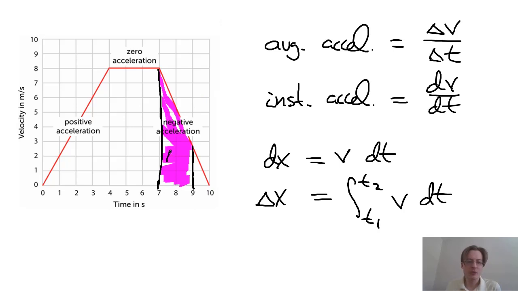That gives me delta x. You'll get a positive number for delta x because the car is actually heading to the right from 7 to 9 seconds. The velocity is positive, it's just slowing down, but it's still covering a stopping distance as it decelerates.